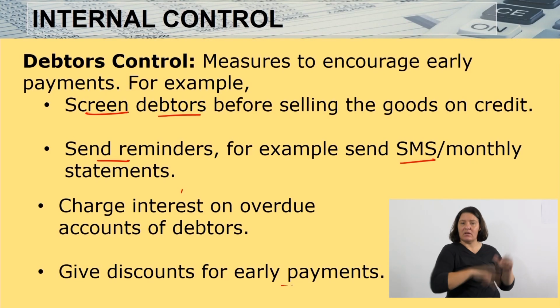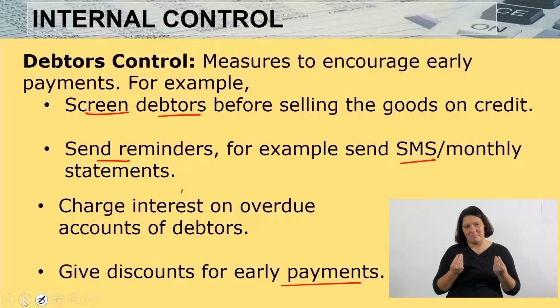One other area that we can look into to encourage debtors is to give discounts for early payments. So we say to our debtors, if you pay within this particular period, we will give you discount. That will encourage them then to try and settle their account in a shorter period, so then they can get the benefit of getting the discount.